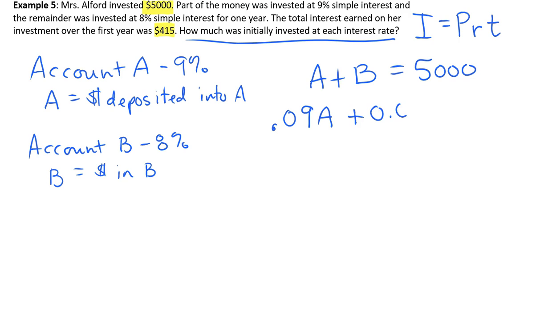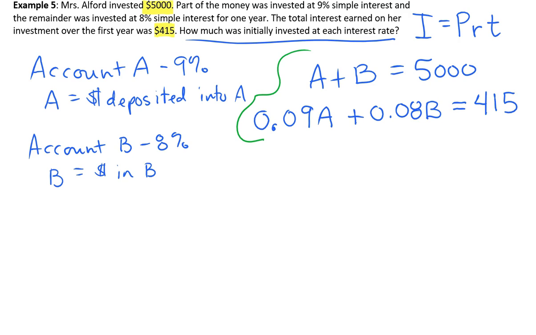So 0.08 times B. The interest from account A and the interest from account B must sum to the total interest that she earned, which was $415. So, we now have a system of equations right here. A plus B is 5,000, and we have 0.09A plus 0.08B equals 415.